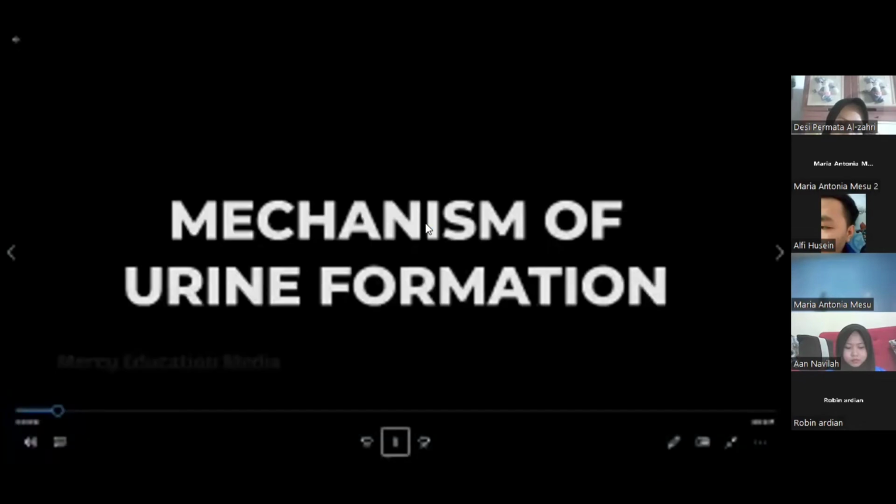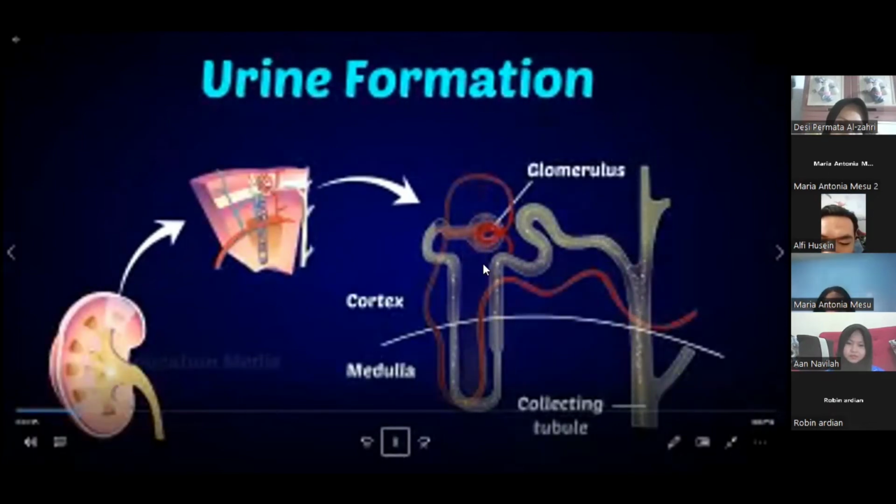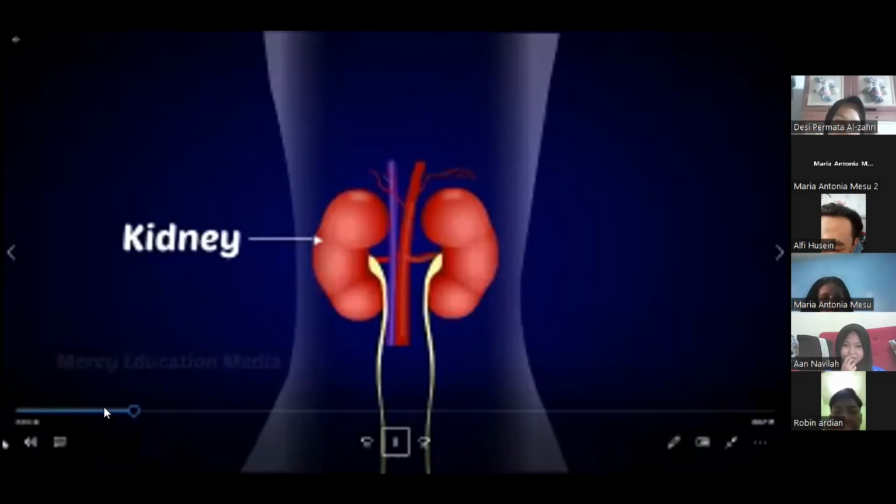Urine formation. Urine is continuously formed by each nephron, and the processes involved in the formation of urine are glomerular ultrafiltration, tubular reabsorption, and tubular secretion. How is urine formed?